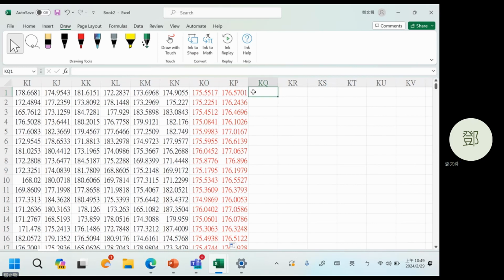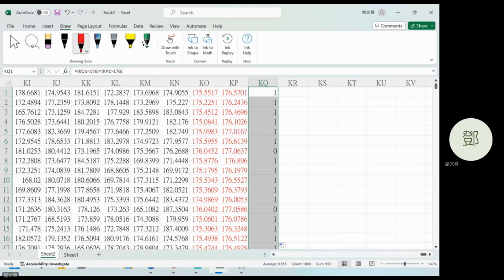Equal, is this bigger than 176? Oh, sorry, this is smaller than 176, and this is bigger than 176. The answer is yes.